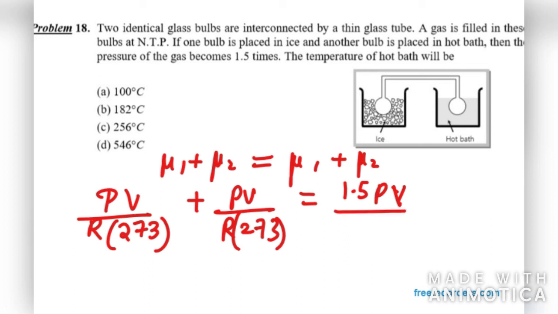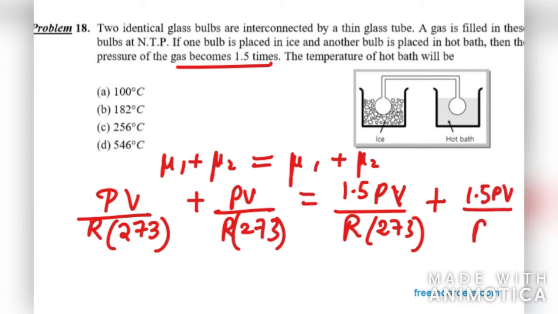For the hot bath, the temperature is not given, so it will be 1.5 PV over RT. Now solving this equation you will get 2 by 273, because PV and R get cancelled out from all terms.